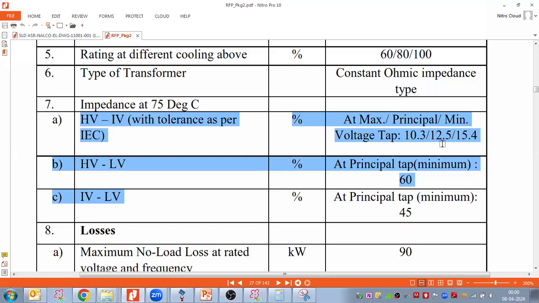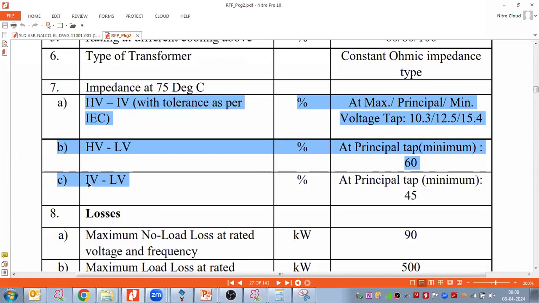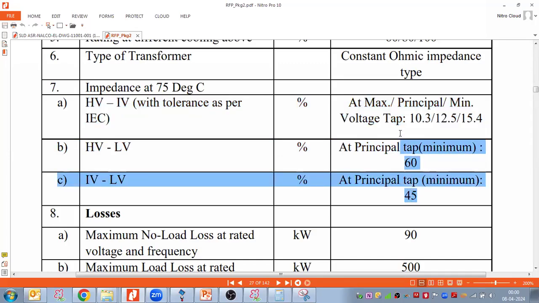The impedance that we take is on the principal tap, so principal tap 12.5. At maximum and minimum tap, this impedance is changing. Between HV and LV, which is 33 kV, the percentage impedance is 60. Between IV, which is 220 kV, and 33 kV, this impedance is 45. So generally we need to indicate impedance like that: HV to LV1, HV to LV2, and LV1 to LV2.